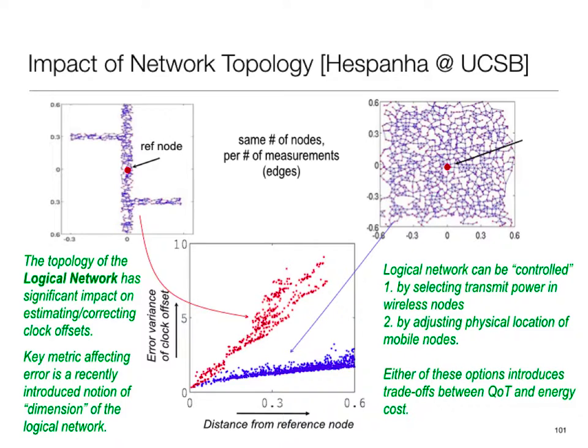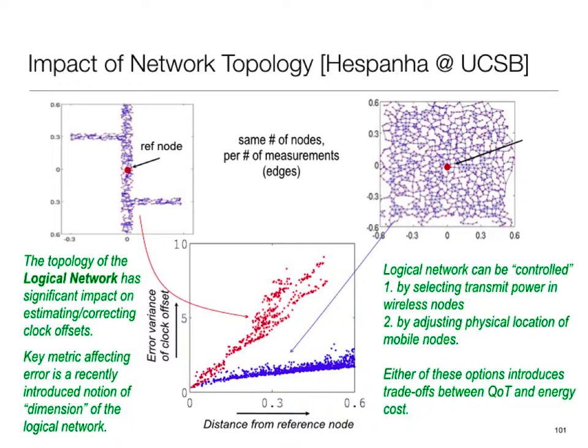So, for example, imagine these 2 networks, okay? In this case, it turns out that they have the same number of nodes and the number of measurements per edge is the same, except this network synchronizes a lot better than the left network because its logical topology nodes are actually farther away logically over there.